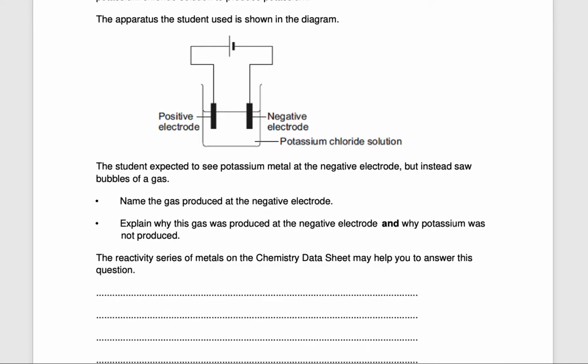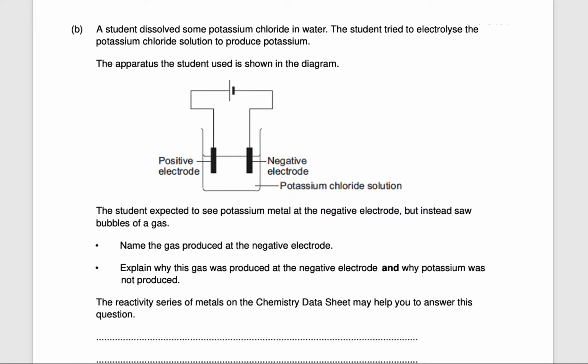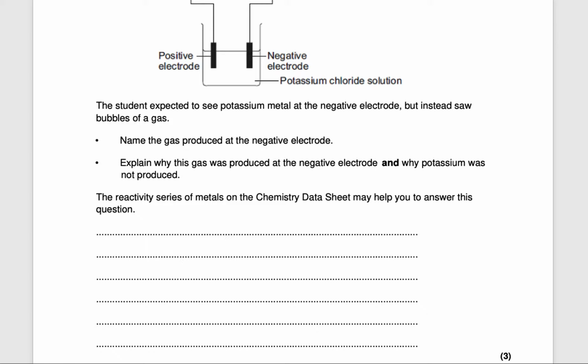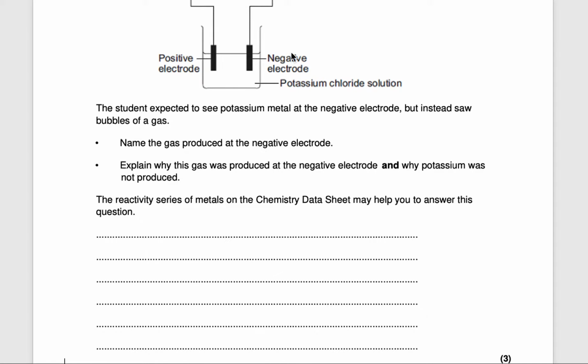3 marks. So first of all, we have potassium chloride. Now, because it's dissolved in water, that means we have other ions as well. We have H plus and OH minus.